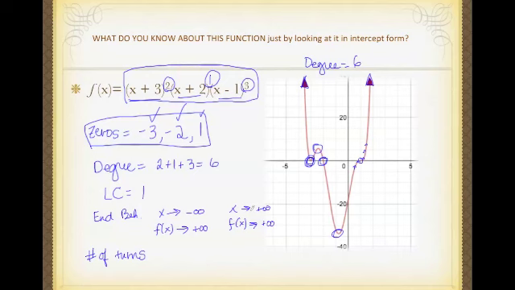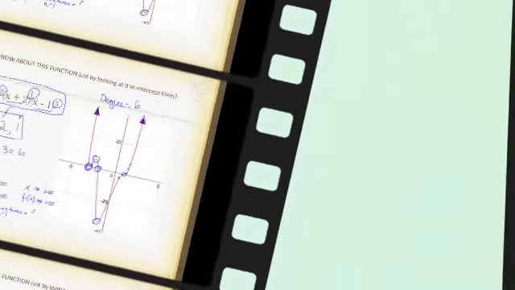So the number of turns is 1, 2, 3, 4. When I gave you n minus 1 for the number of turns, it was for the max turns, not how many turns there actually are. So this one had a max turns of 5 because the degree was 6, but it actually only had 4.